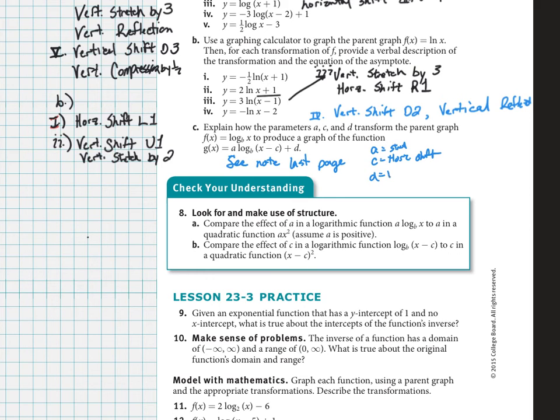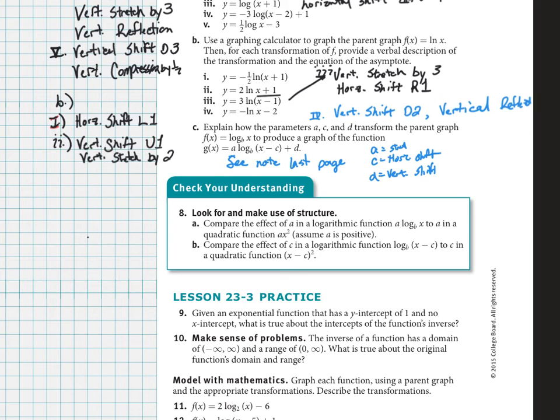I said vertically, I wrote horizontally. It is horizontal, and this is a vertical shift. You don't need to rewrite all that stuff anymore. You're good. All right?